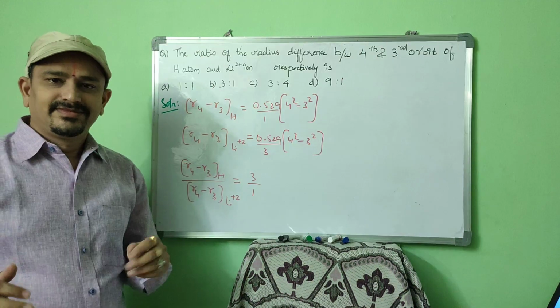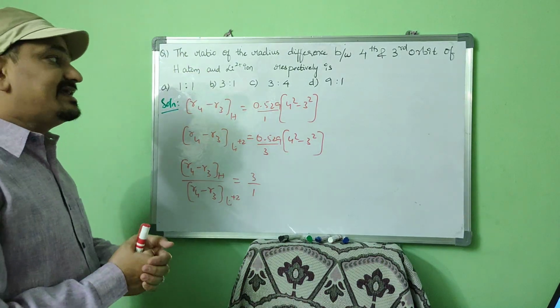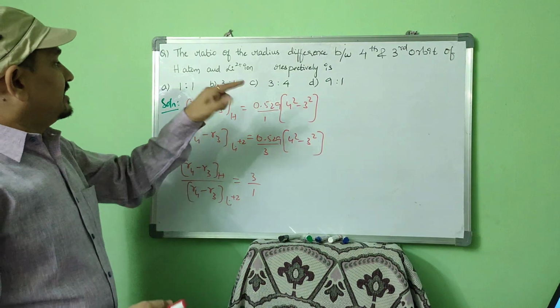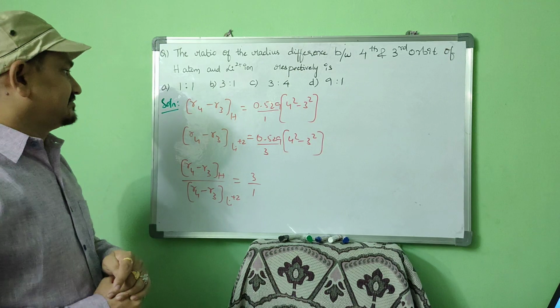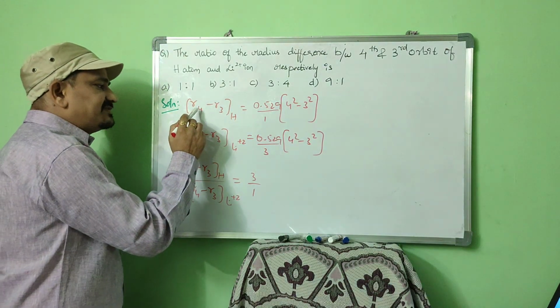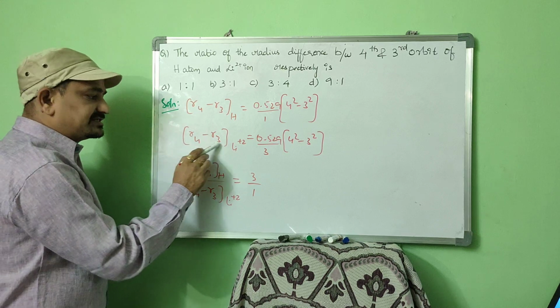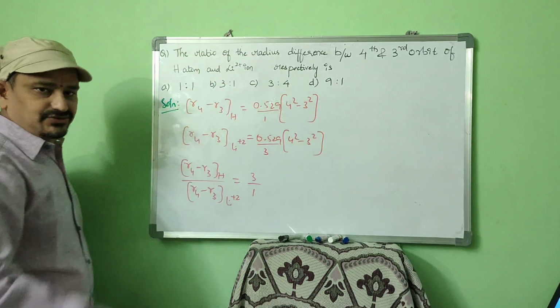The next question is the ratio of the radius difference between the fourth and third orbit in hydrogen atom and lithium 2 plus ion respectively. We have to calculate the radius difference between fourth and third in hydrogen and in lithium 2 plus ion, and their ratio is asked.